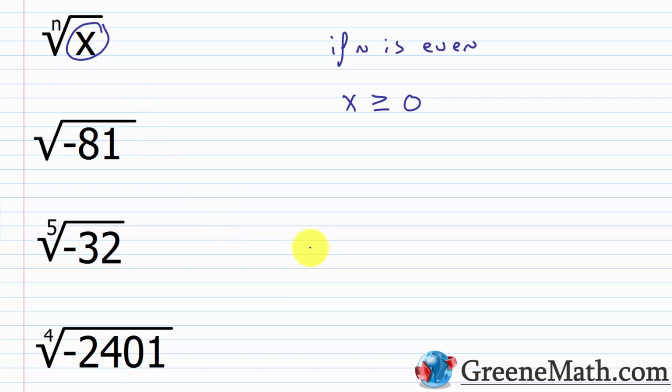So if n is odd, then x can be any real number. It doesn't matter because, again, an odd number of negative factors is a negative, so that's okay. So if I have the square root of negative 81, this is, again, not real.